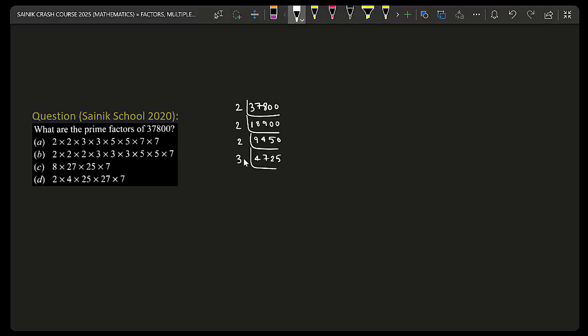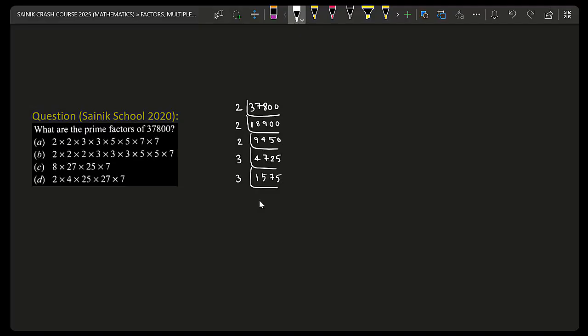If you divide by 3, what is the quotient? 1,575. Is it again divisible by 3? Yes, sir. What is the new quotient now?